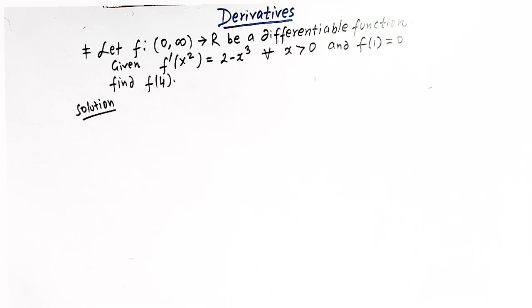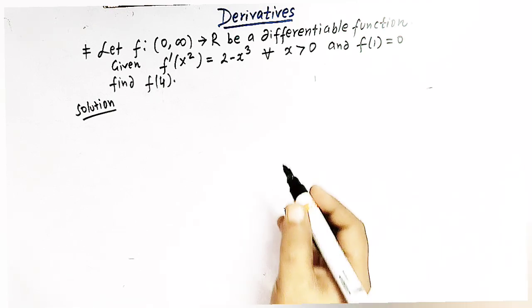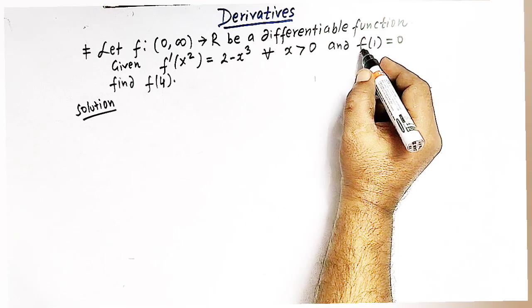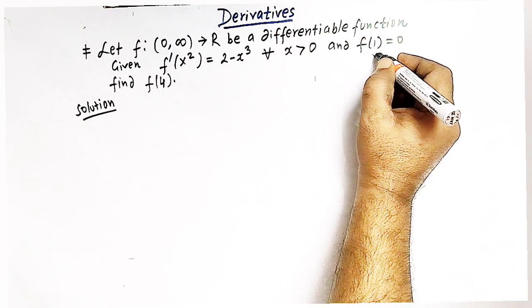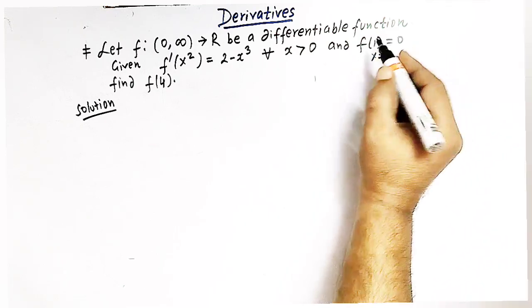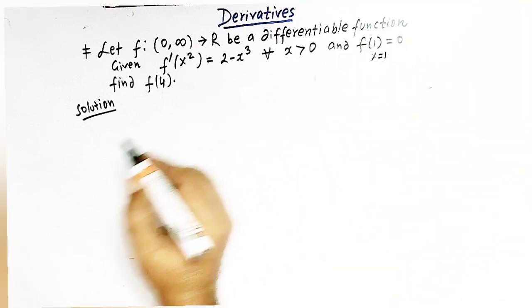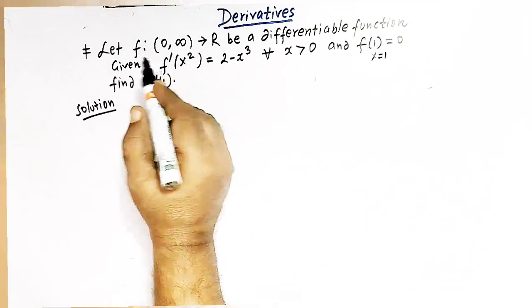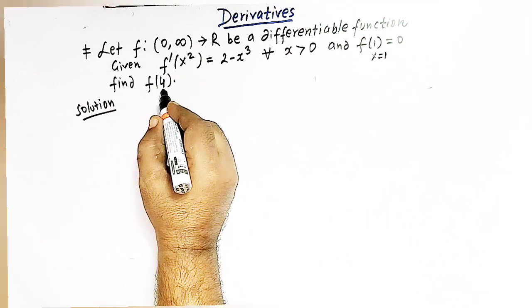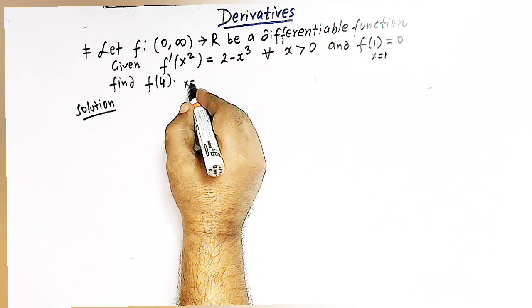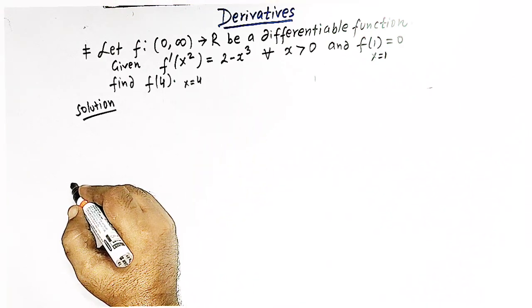So now this is a very easy problem, and we are given the value of the function at x equal to 1, that is f of 1 is equal to 0, and we have to find the value of the function at x equal to 4, right?